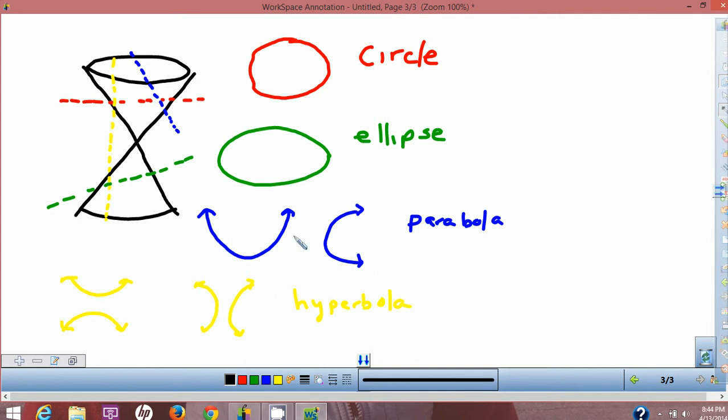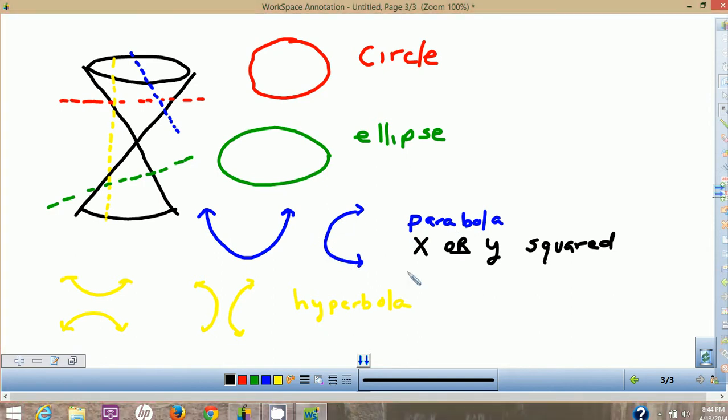If it opens up or opens down, then the x is squared. If it opens to the left or the right, the y is squared. But never are both of them squared. We have done lots and lots of equations where the x was a squared term and the y wasn't. In this section, we might see some where the y is actually squared.